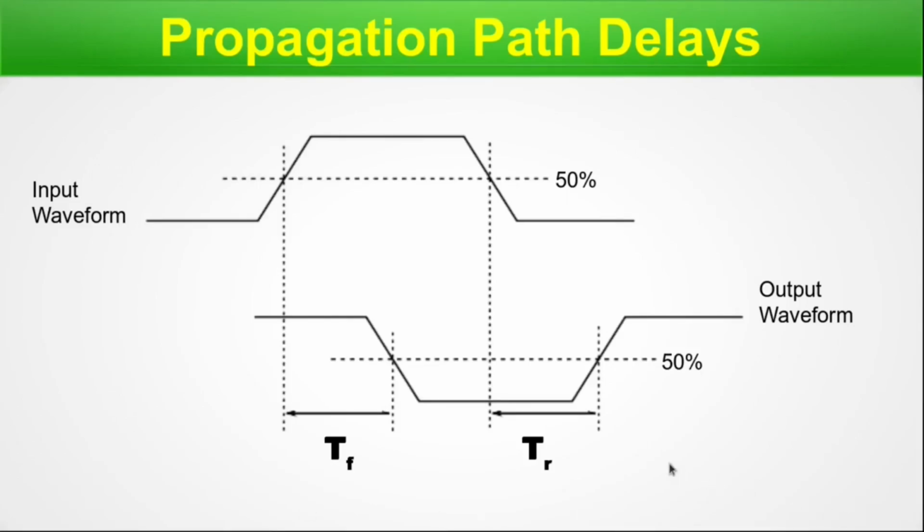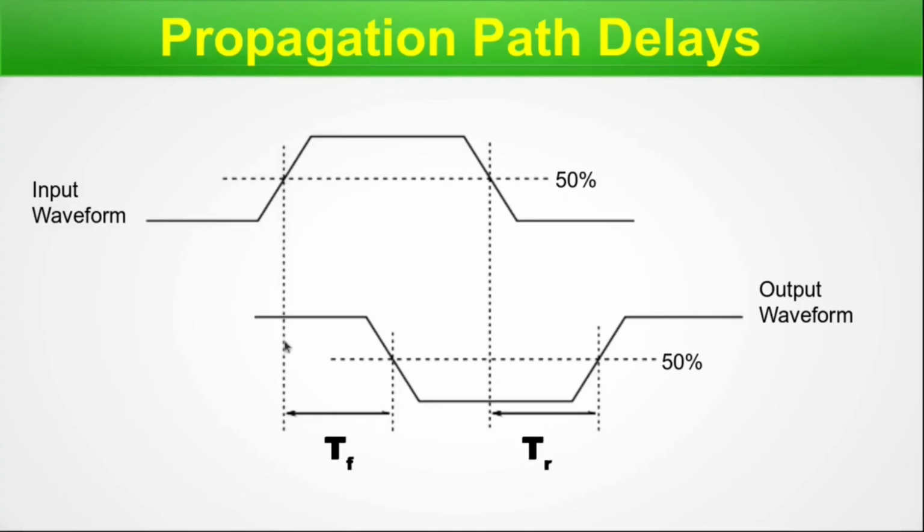So when we drop a perpendicular line from these cut points, say this is a cut point and we are dropping the line here on the x-axis, we get intersection points. So these are intersection points 1, 2, 3, 4. As I have mentioned earlier, the delay is calculated at the output waveform, hence this is called the fall time delay.